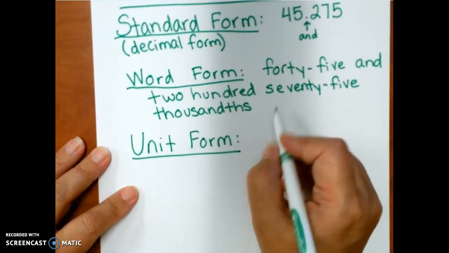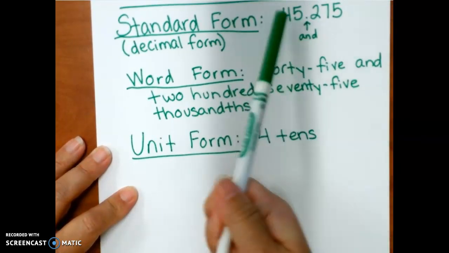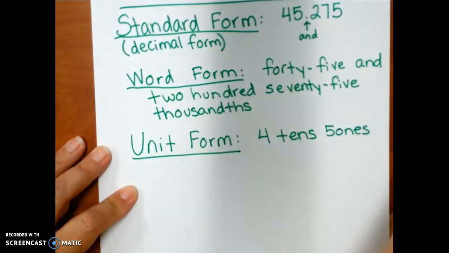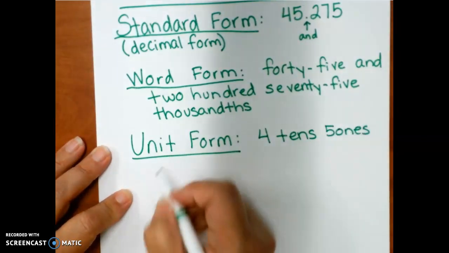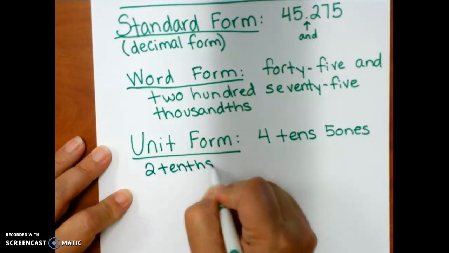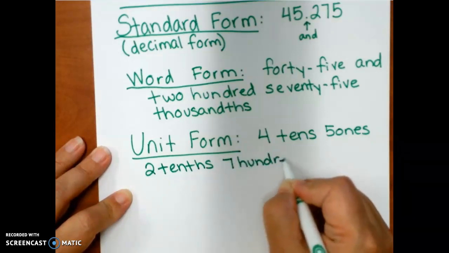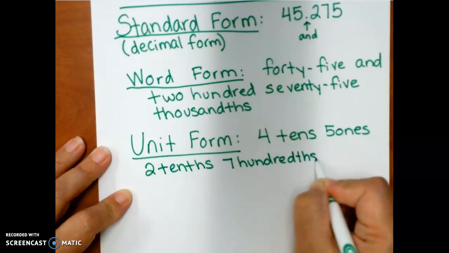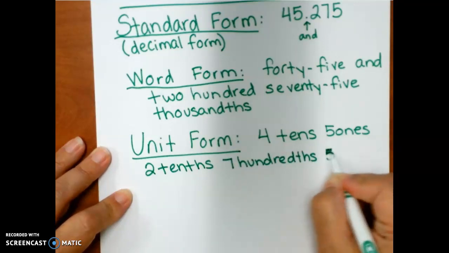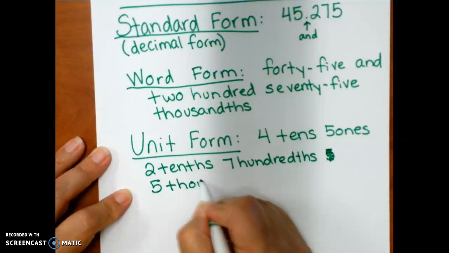So I would have 4 tens for my 40, 5 ones, 2 tenths, 7 hundredths, 5, I'm not going to leave that there, it'll be lonely, 5 thousandths.